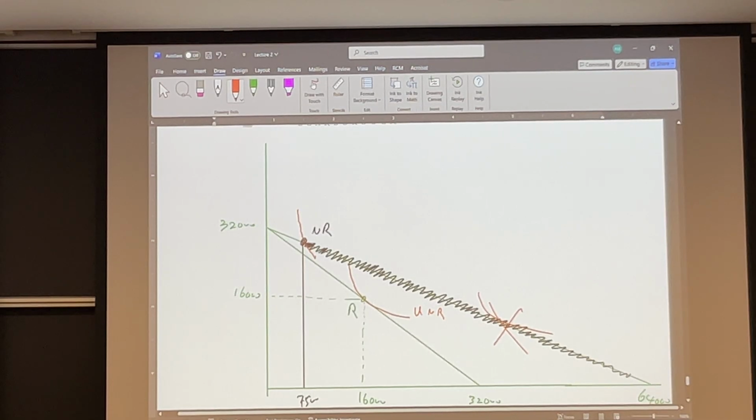Make sense? And the indifference curves shouldn't cross. Don't graph it big such that they're crossing, right? Don't make it like this. This is crossing. Don't do it like that. Make it small. That's fine. They don't cross. That's fine, right?